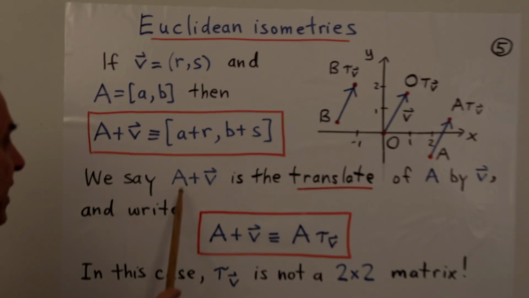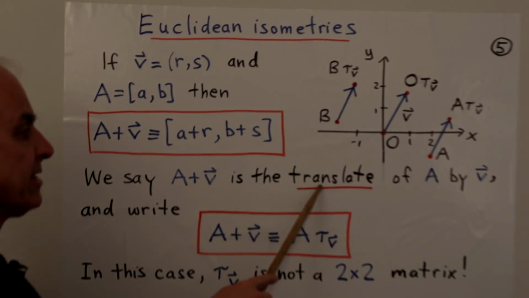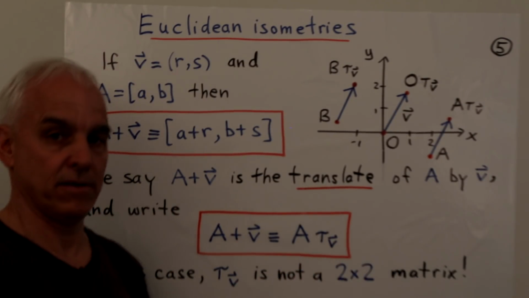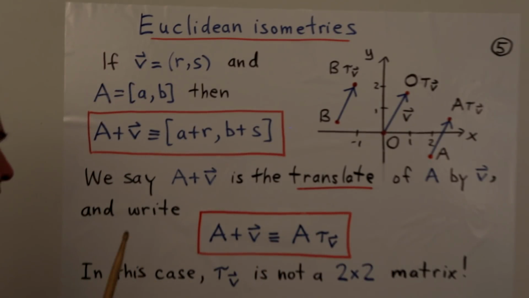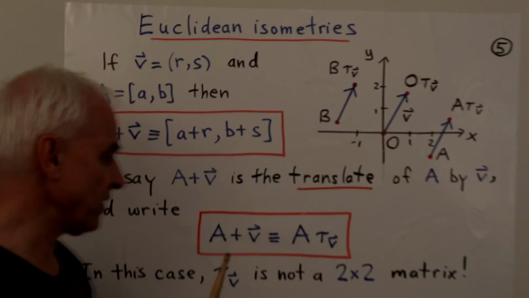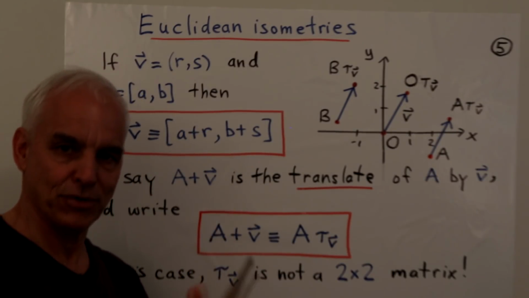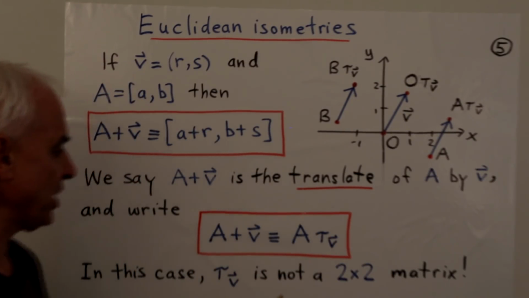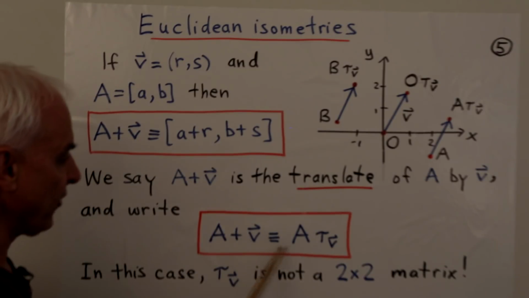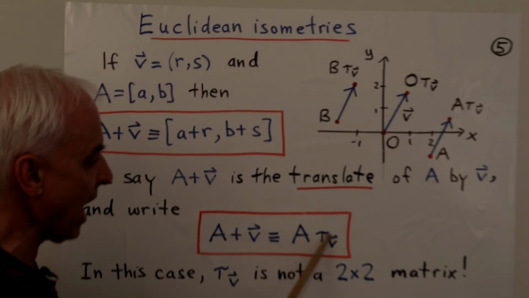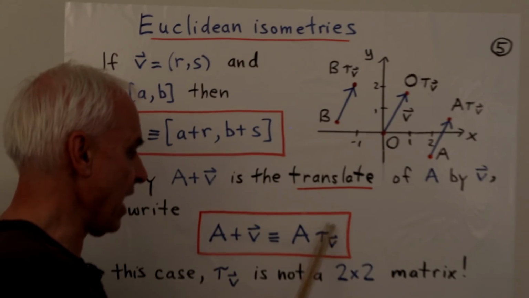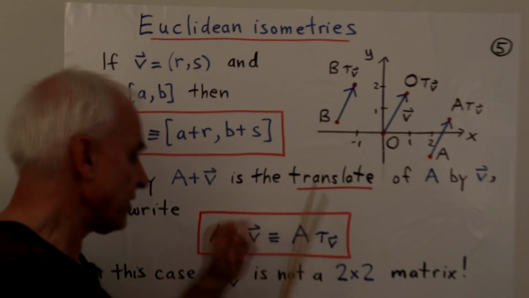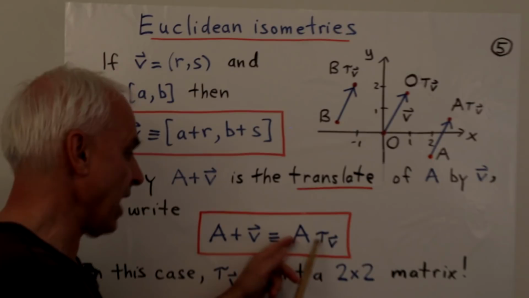And we'll say that A plus v is the translate of the point A by v, because we've moved it in the direction of v. And we're going to introduce a new terminology for that, sort of like the rotations and reflection terminology. So we'll write A plus v as A followed by tau sub v. Well, that's just our notation. Tau sub v is a symbol that we use when we put it to the right of a point.